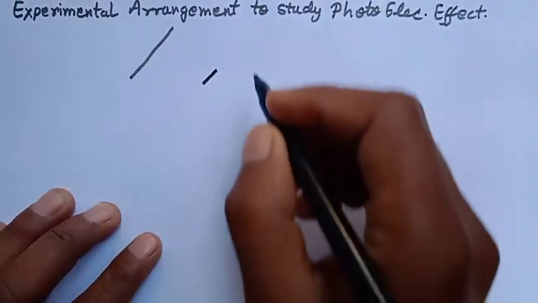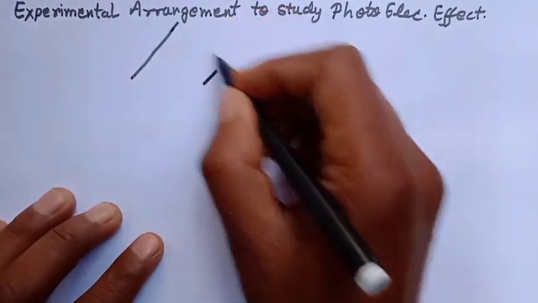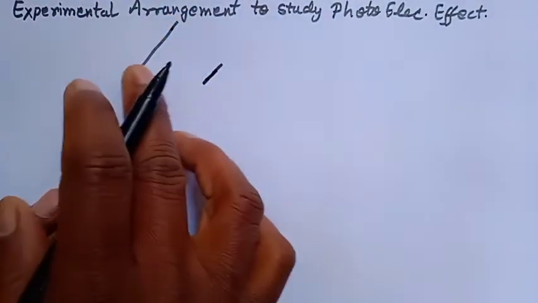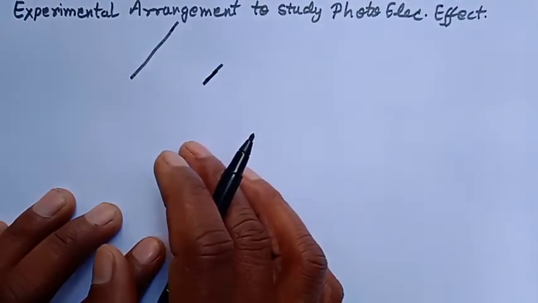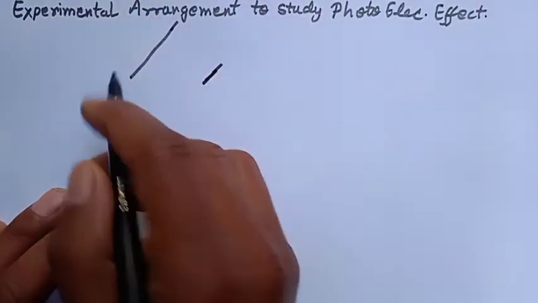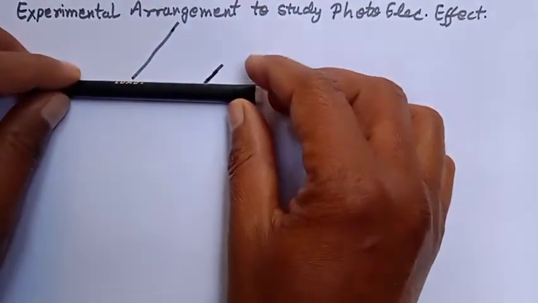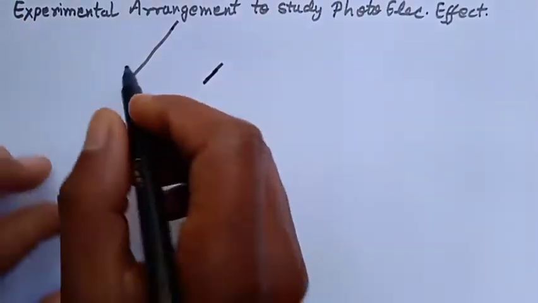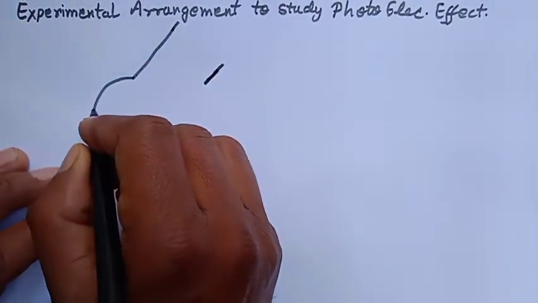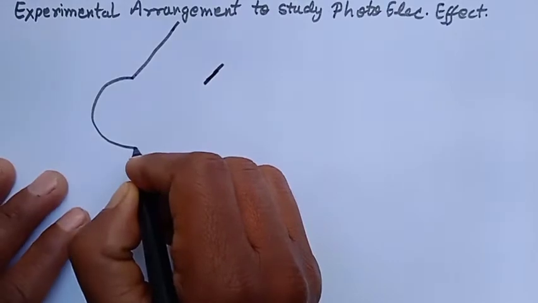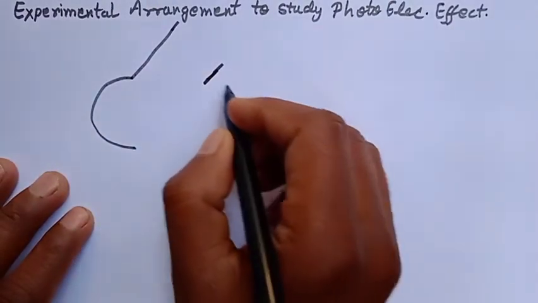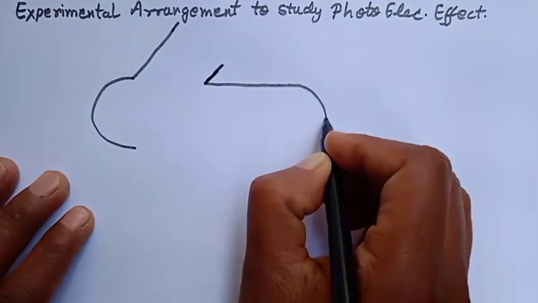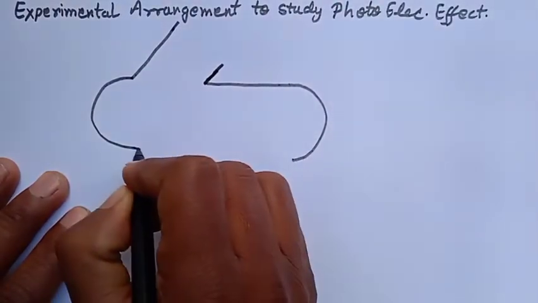So first two lines at approximately 45 degrees, keeping this as the baseline, like this. Now curve this side a little bit, and the other side this way.